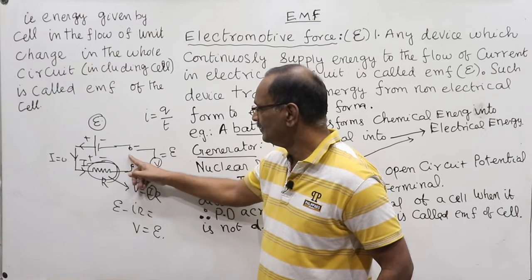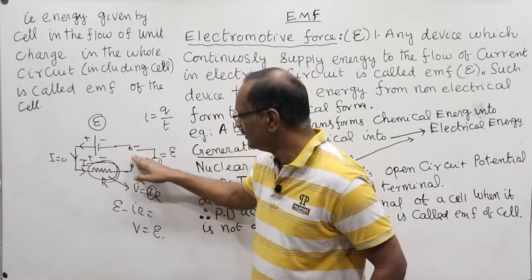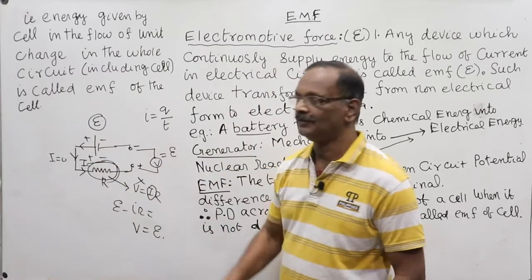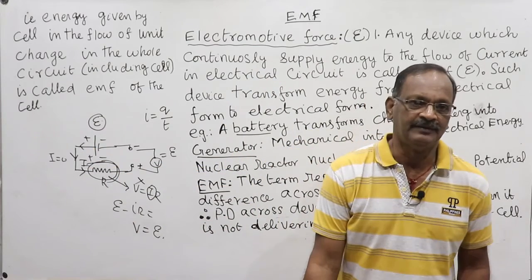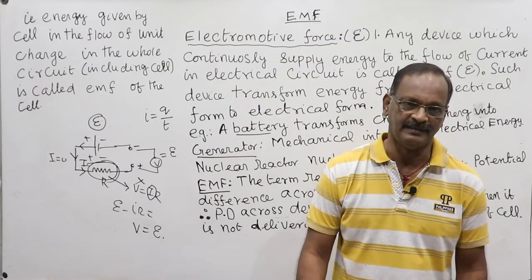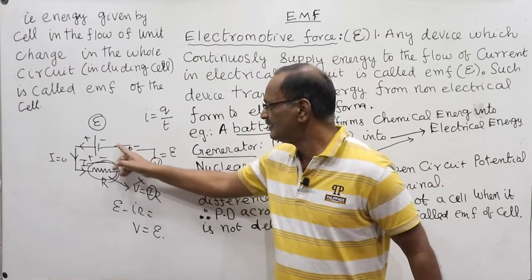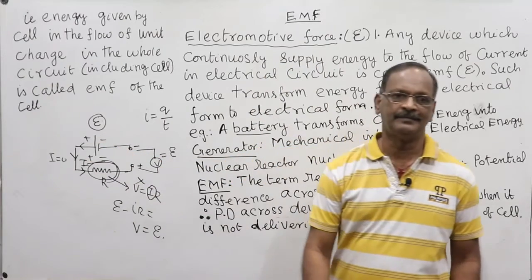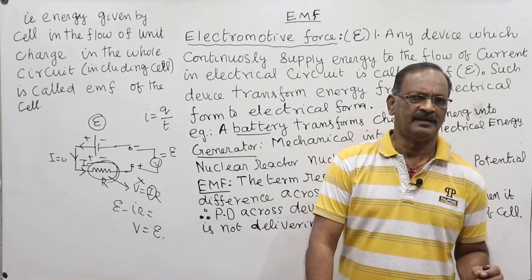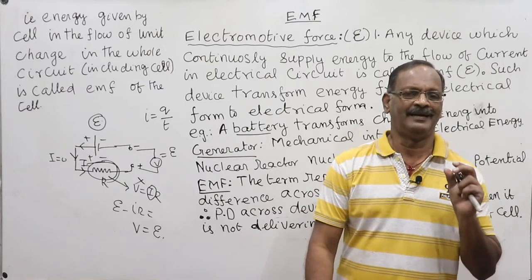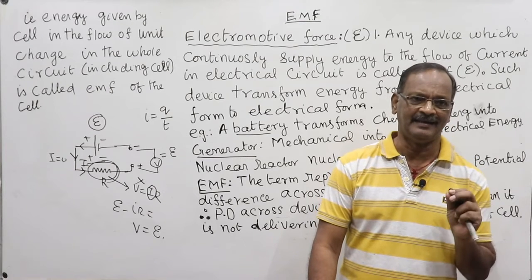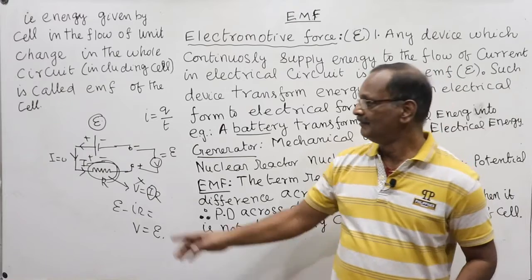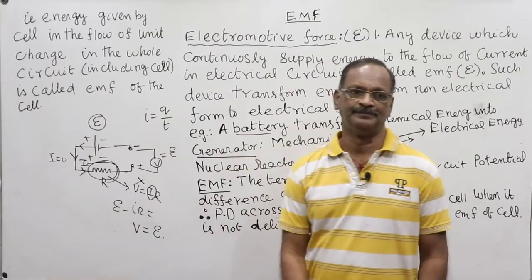Since it is open, no current will flow. Therefore, the potential difference across the terminals of a cell, when it is not delivering any current, is called the EMF of the cell.